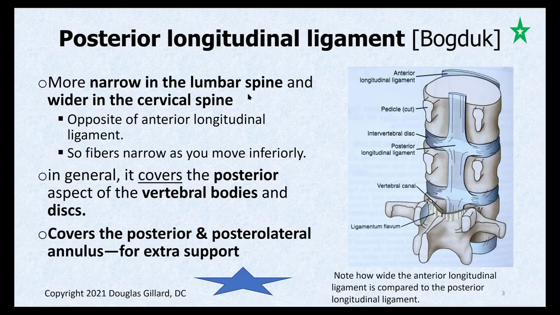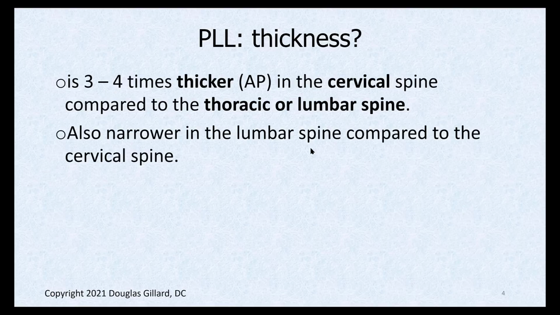Let's see. It covers the posterior vertebral body, more in the midline, the main part of it. We talked about those little side fibers there. It's 3 to 4 times thicker in the cervical spine compared to the thoracic spine and lumbar spine. So that's kind of strange.